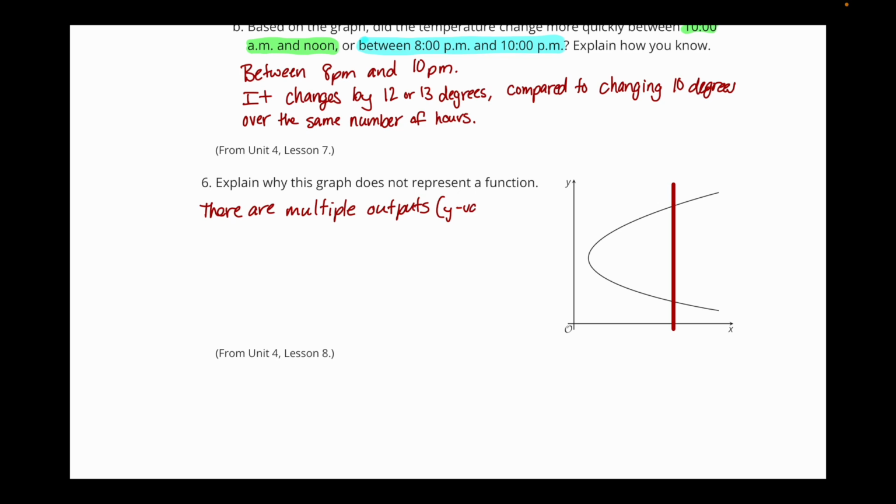Those are the y values for many of the inputs, and those are the x values. Basically it has multiple outputs for one input.